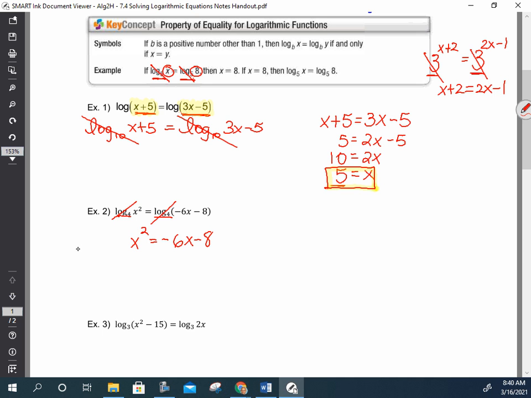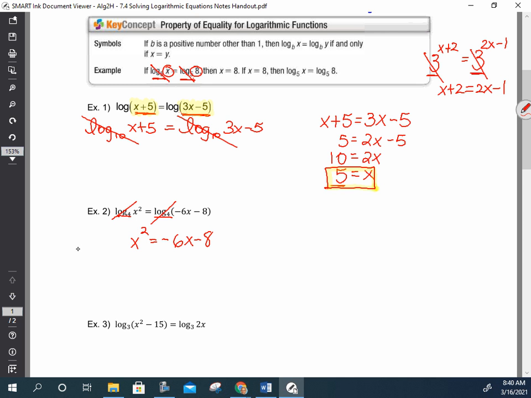Notice we've got x squared in the problem. That means this is either going to be factoring, square roots, or the quadratic formula. Ideally, we want to factor and take the square root before we have to use the quadratic formula.